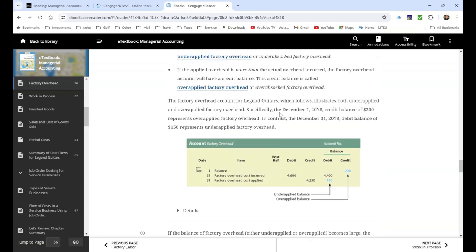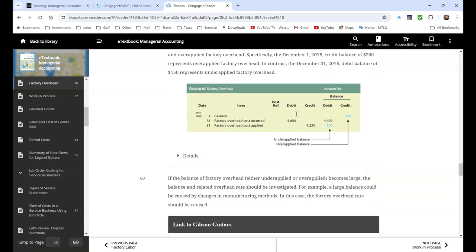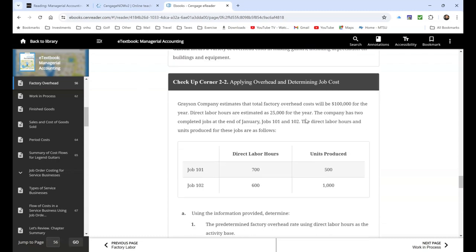If it's overapplied, same thing. You accounted for more overhead than you actually had, so you're going to decrease cost of goods sold. So in the first case, you're going to debit cost of goods sold and credit factory overhead. In the second case, you would credit cost of goods sold and debit factory overhead, because it needs to be zero at the end of the year.